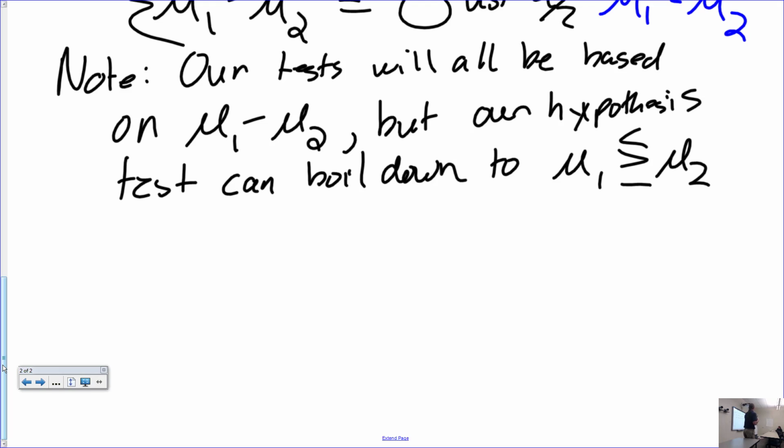So again, the idea here is that we're really trying to compare two populations as to whether one has a higher mean than the other. But the method that you do it with is by doing the difference comparison, okay?